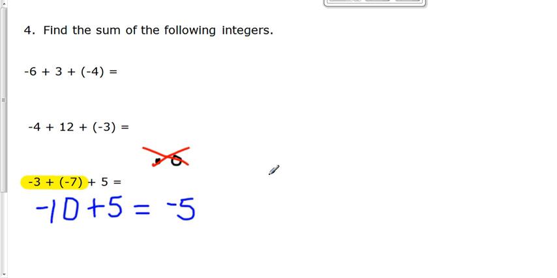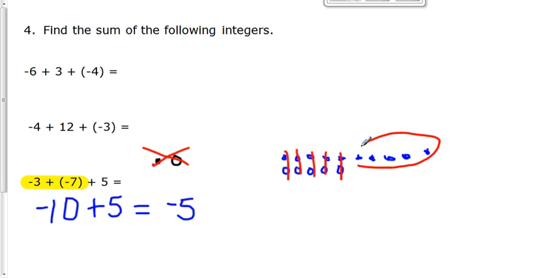To show you the picture, in case you're still struggling with this, we have 10 negatives: 1, 2, 3, 4, 5, 6, 7, 8, 9, 10, and we have 5 positives: 1, 2, 3, 4, 5. Every negative cancels out a positive. If we look, we have 5 negatives left over.